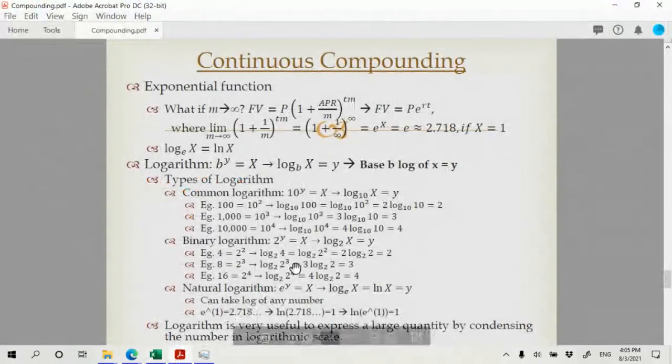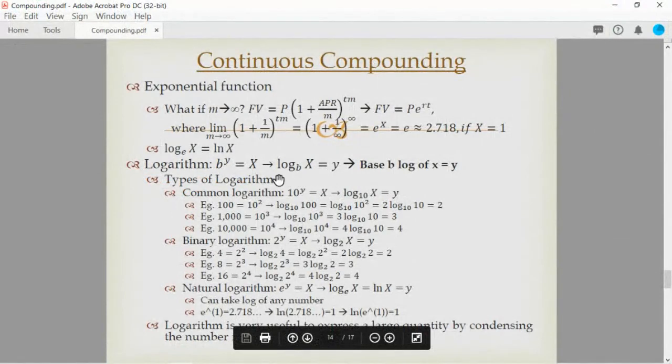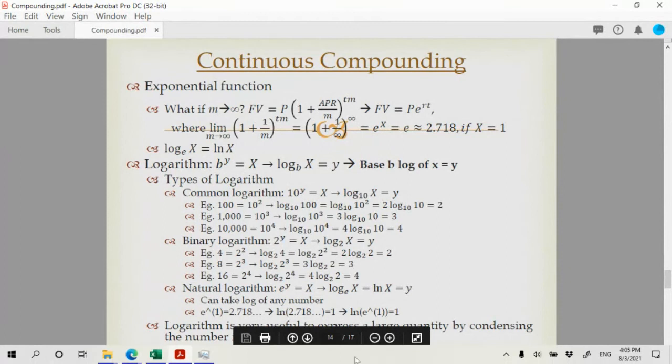That looks pretty much like B to the Y. Okay, that's fine.